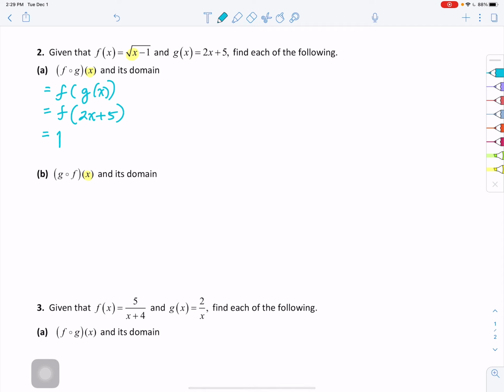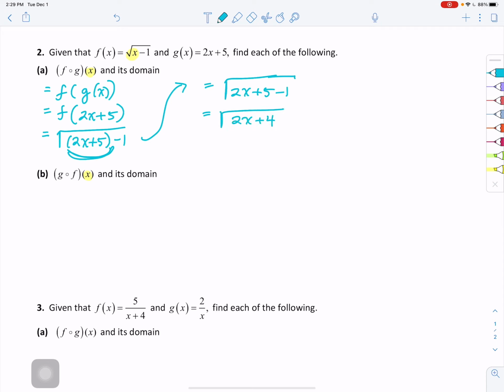So we're going to have the square root of 2x plus 5, and then we still have minus 1. Again, this is our x. So that's the square root of 2x plus 5 minus 1, and that's the square root of 2x plus 4.